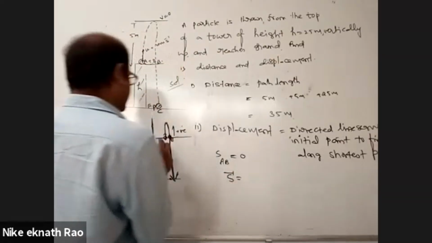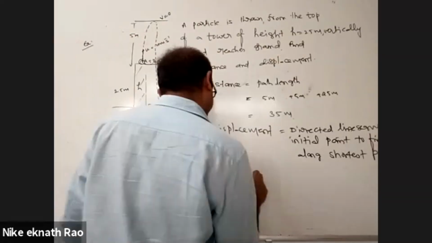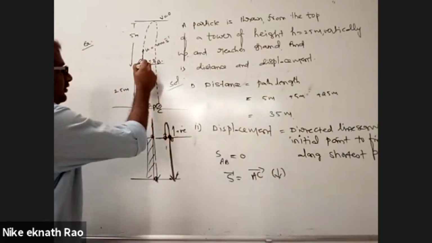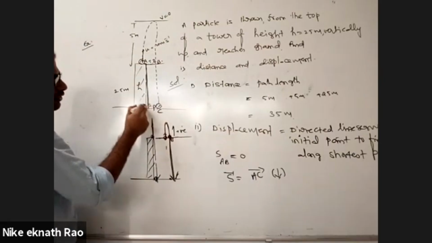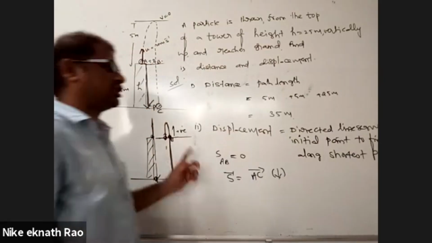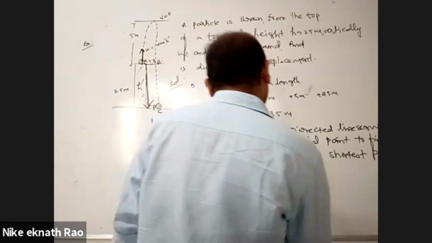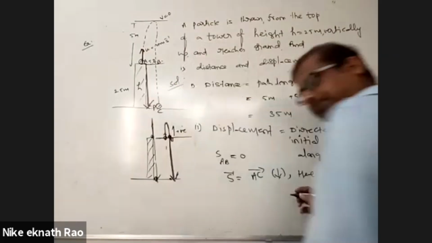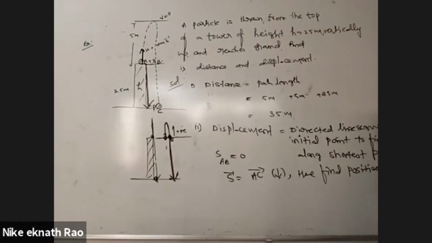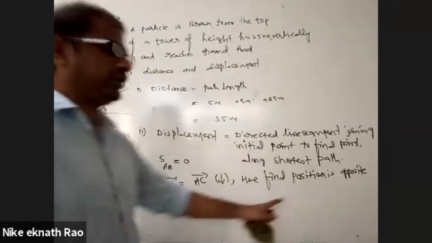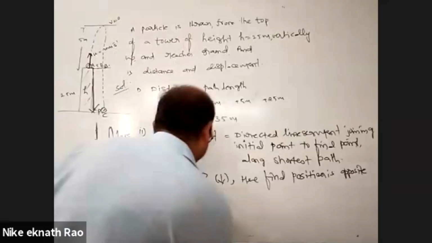Net displacement is AC, downward, at the foot of the tower. Net displacement is downward, direction of travel is upward, so the final position is opposite to the direction of motion. Keep that in mind.